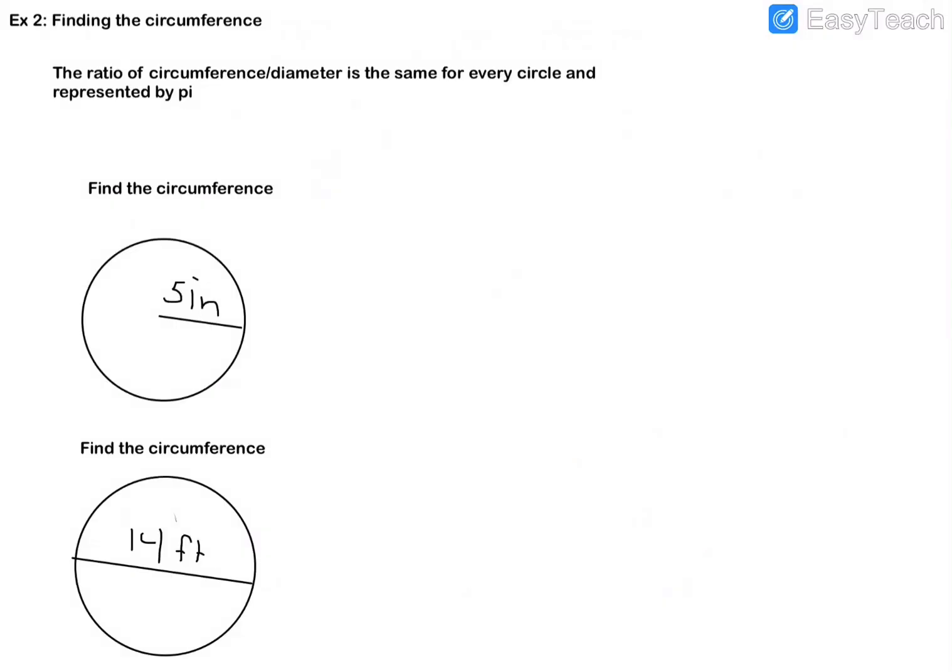Moving on to example 2, finding the circumference. Now the circumference is basically the perimeter of the circle. You are just measuring the outer portion of this circle.